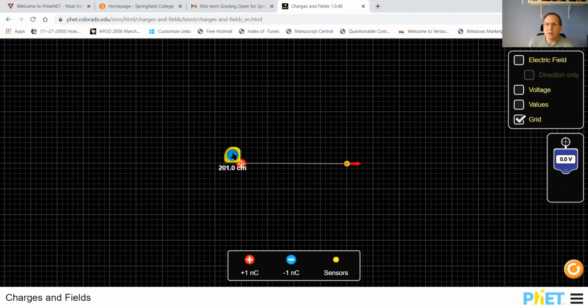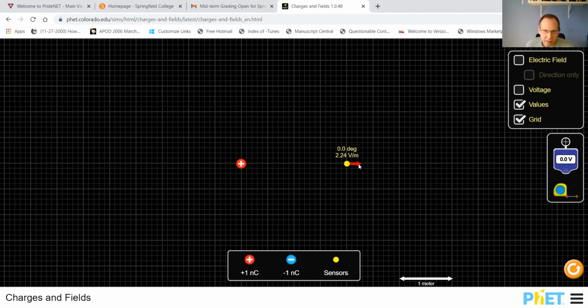And then it shows you the direction of the electric field due to that charge there. And if you want the value, remember we want to compare what we get experimentally using the simulation to what we compute, you can just click on values here. It actually gives you the angle of the arrow too.